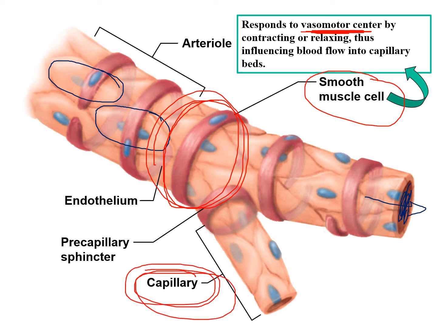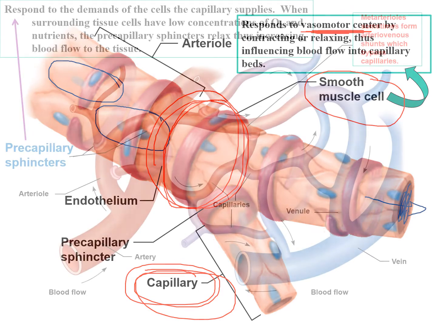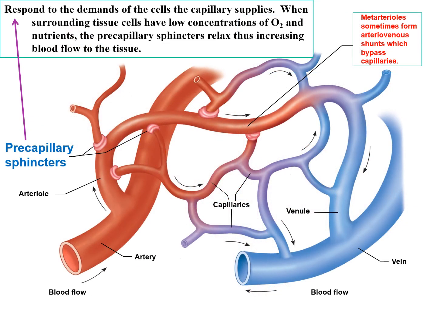So we had arteries forming arterioles, and arterioles now transitioning into capillaries. And here we see some capillaries here. Note the color. Typically, arteries carry oxygen-rich blood. Veins typically carry oxygen-poor blood.